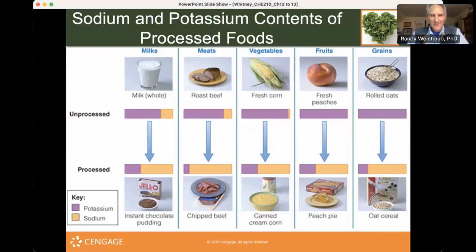As we process food, like milk into pudding, or roast beef into chopped beef, or corn into canned corn, we're starting to change the ratio, in some cases drastically, between potassium and sodium. The processed foods have a higher ratio of sodium. We'd rather have the other way around, higher potassium.